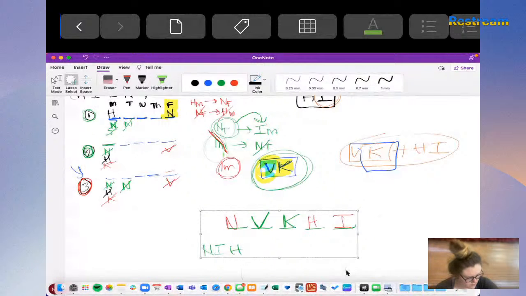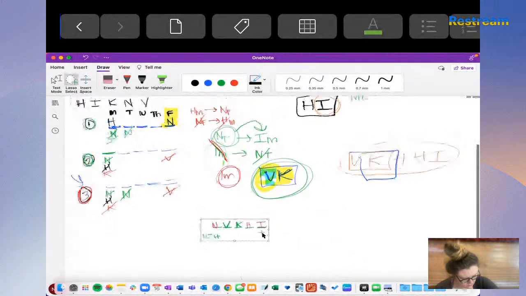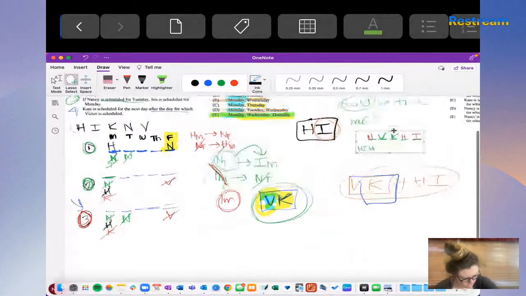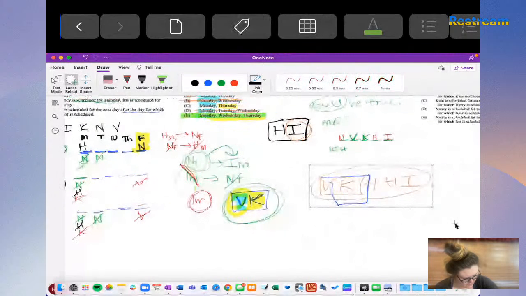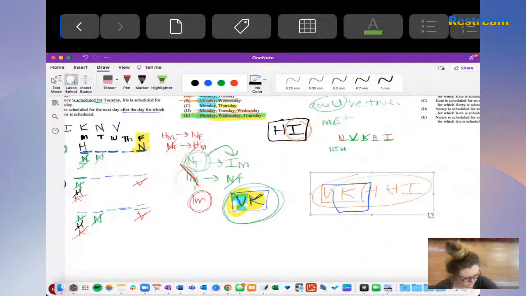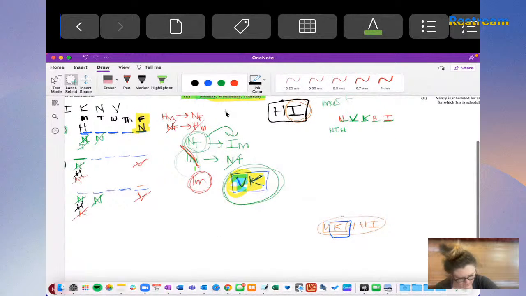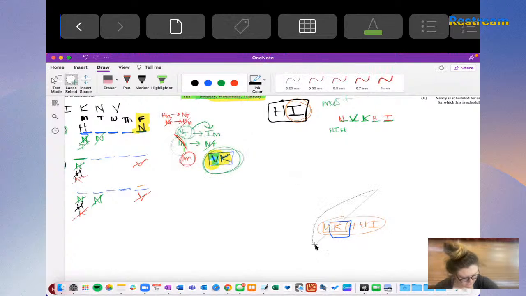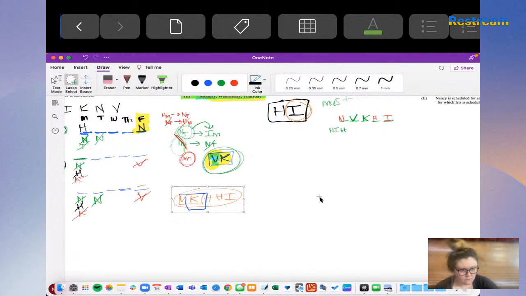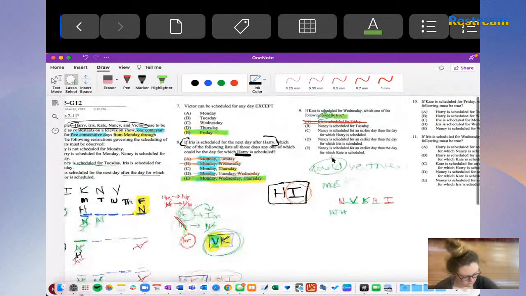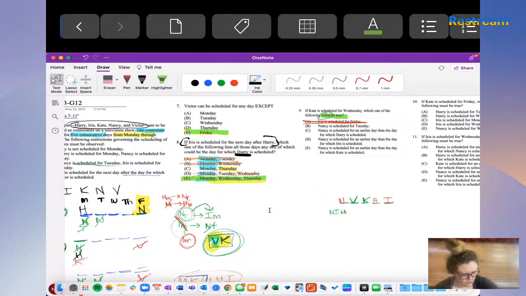Hang on one second while I do that. Coming up here. Ooh, can I make this smaller? Nice. What about all of this? Cool. And I don't need that anymore. Okay.